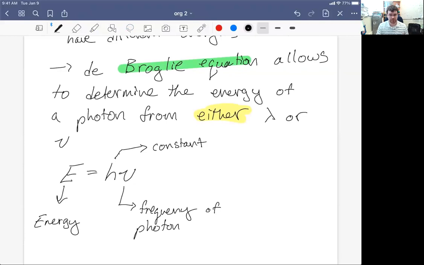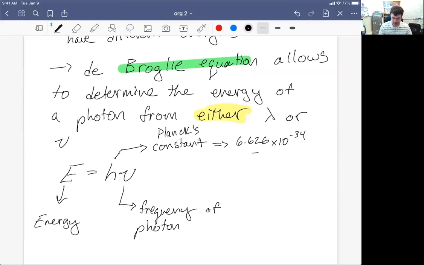Like the speed of light, it's quite useful in that it's constant for all photons. This is a particular constant called Planck's constant, and the number is something you can look up. I remember it's 6.626.